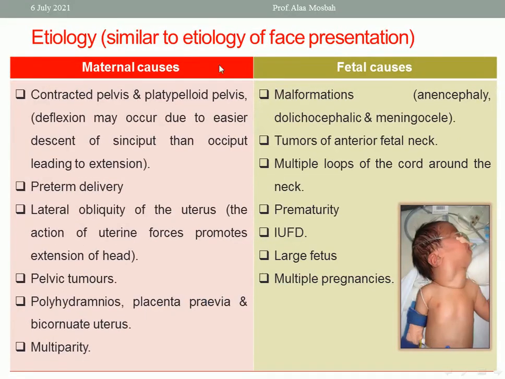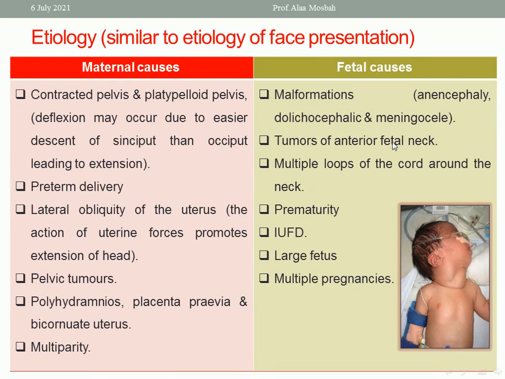So, what is the etiology as regards brow? Simulating face, the same causes, maternal and fetal: contracted pelvis, preterm delivery, lateral oblique uterus, pelvic tumor, placenta previa, bicornuate uterus, polyhydramnios, and multiparity.